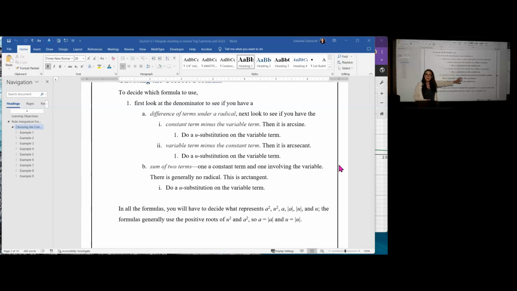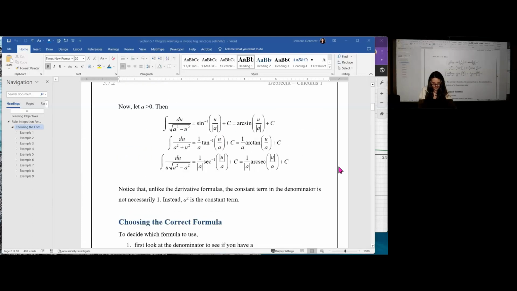Notice that when you're deciding on these formulas, you're going to have to figure out what a squared is, what a and the absolute value of it is, what u squared is, what its absolute value is. You will also have to substitute for the differential dx in the original problem.